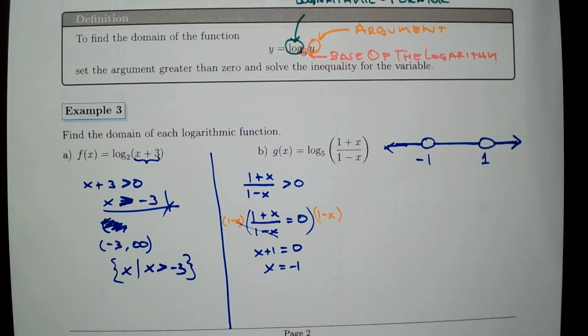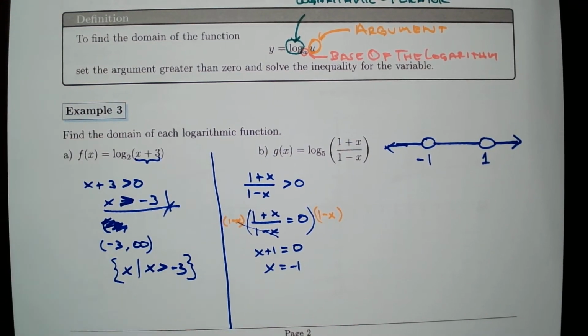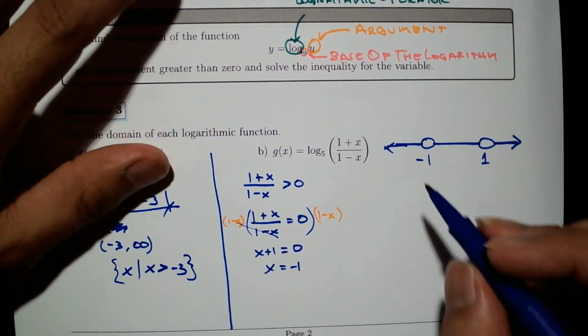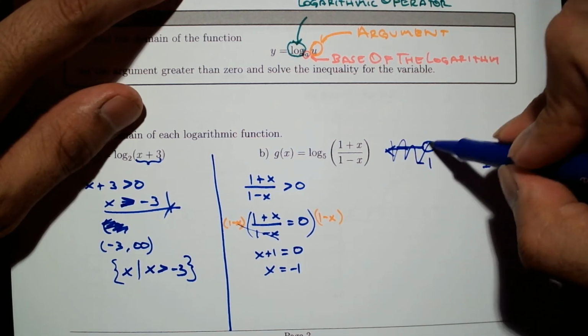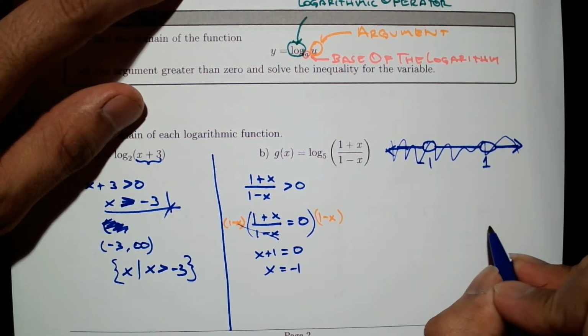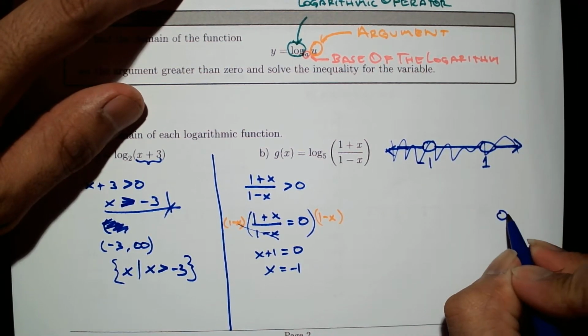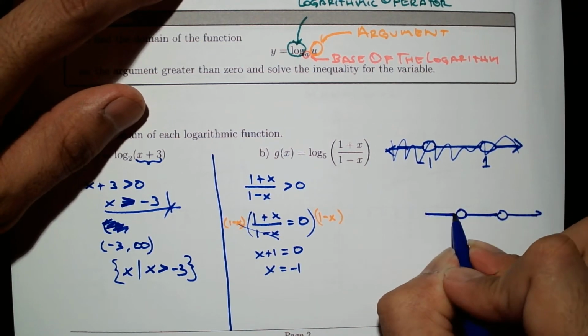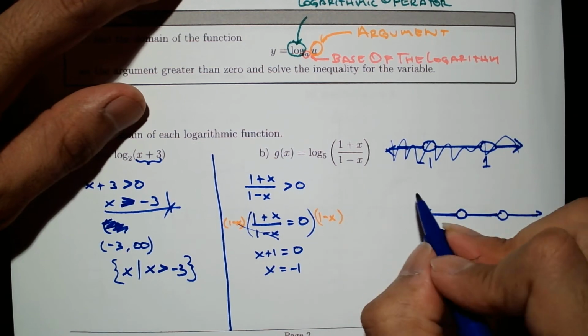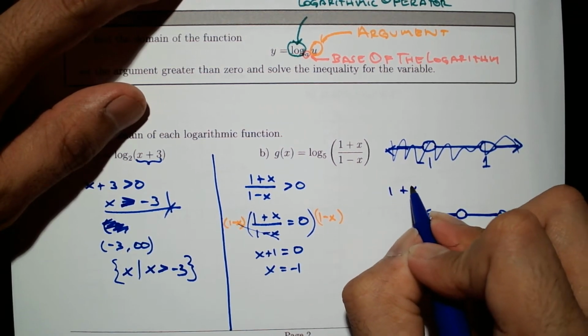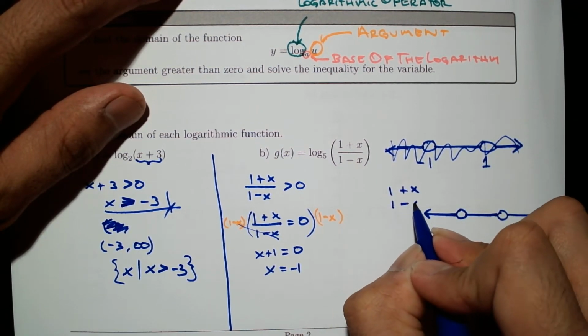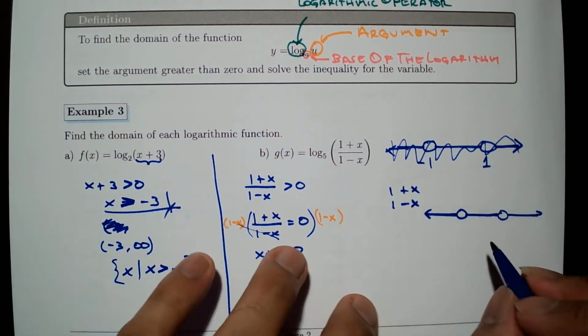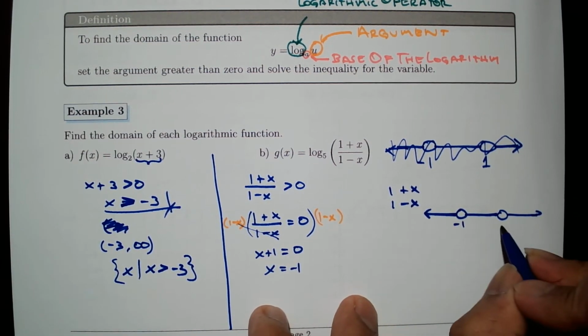So what are we going to do here? Well, I think I'm going to need more space. So I'm going to scratch this because I need space for the factors. Alright, so I have 1 plus x and 1 minus x. -1 and +1.